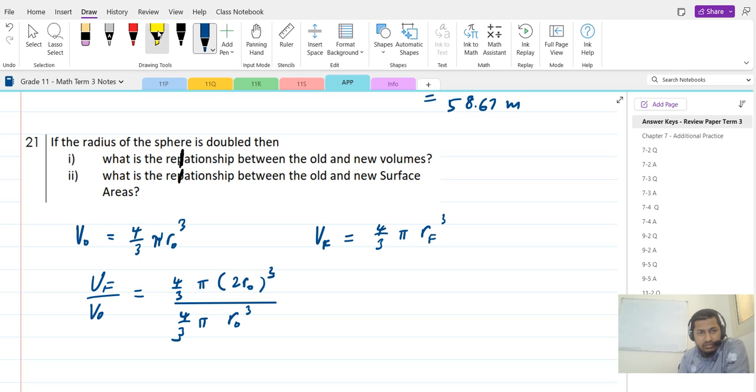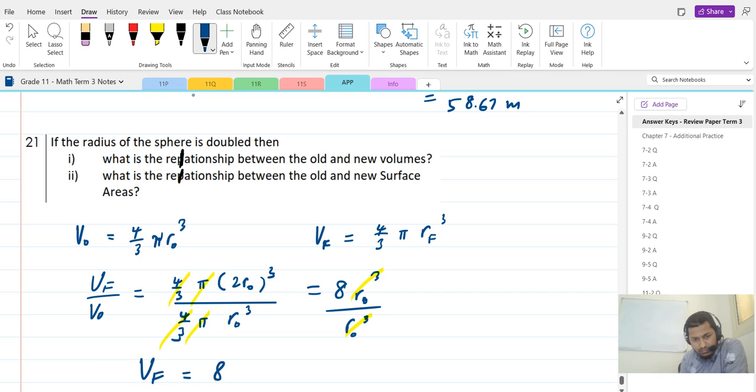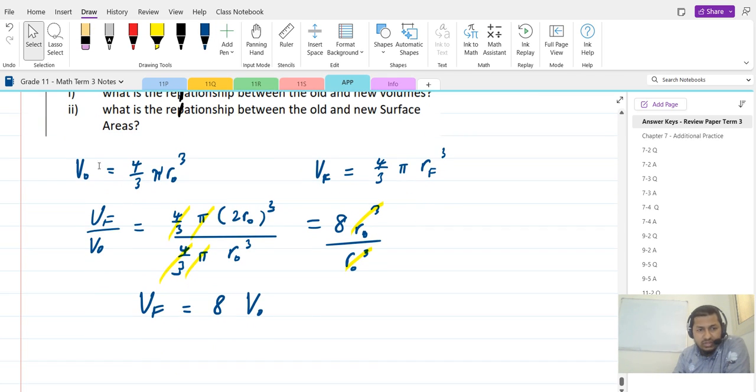We can cancel out the 4 over 3 and the pi. 2 cubed is 8, right? And we have R naught cubed divided by R naught cubed. R naught represents the initial radius, so these cancel out. So the final volume is 8 times the initial volume. So the final volume is 8 times more than the old volume.